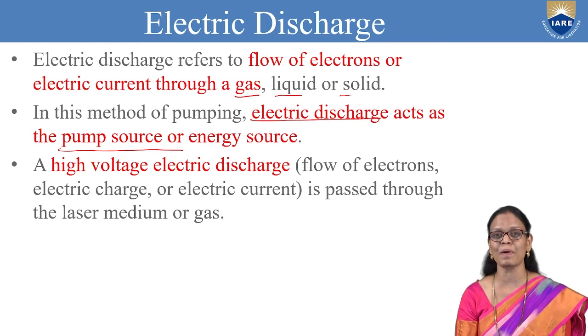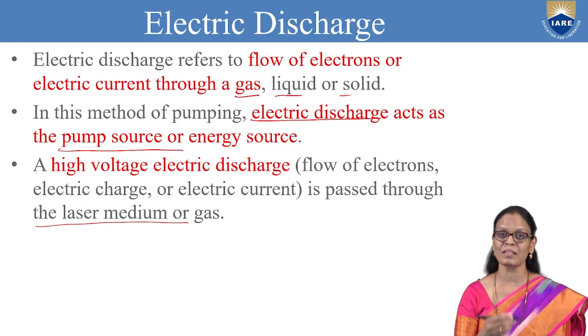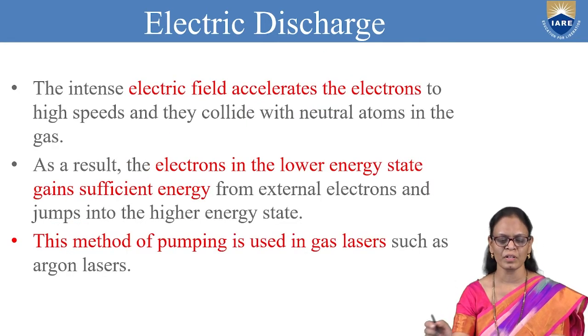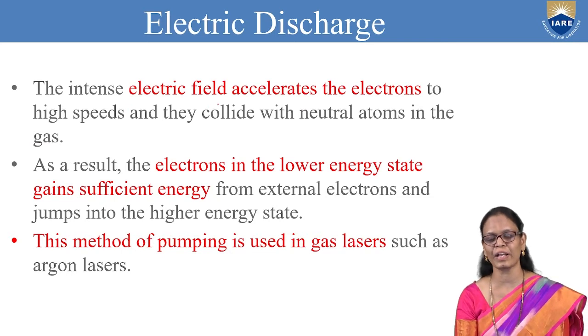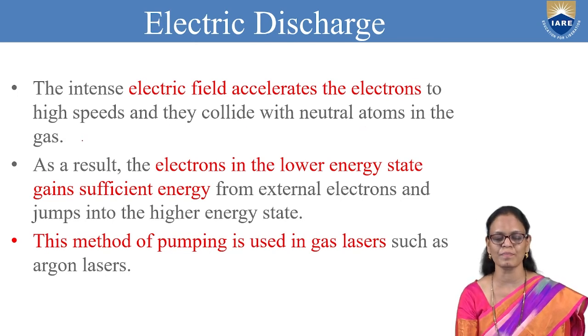So when this is passed through the laser medium or a gas, what happens? The atoms which are present in the ground state gain sufficient energy to go to the excited state. The intense electric field accelerates the electrons to high speeds and they collide with the neutral atoms in the gas. So what is the mechanism happening in electric discharge?